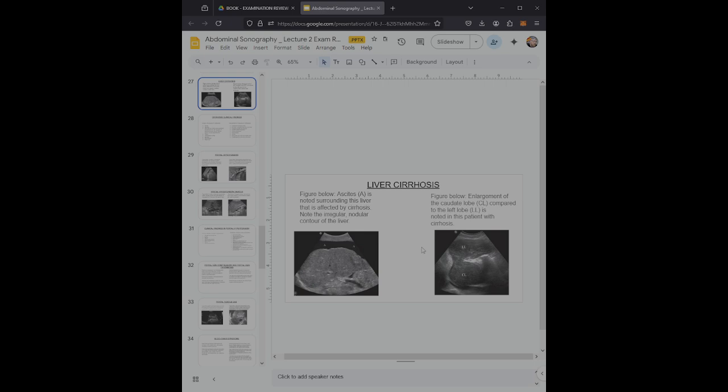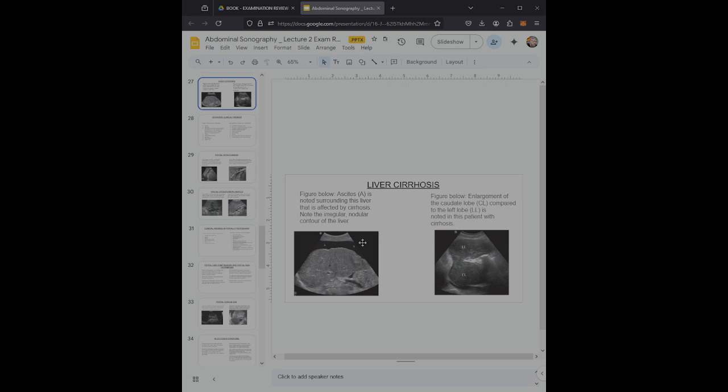The most common cause of liver cirrhosis is alcoholism. But cirrhosis can also be caused by Wilson's disease. In cases of biliary cirrhosis, hepatitis, cholangitis, and hemochromatosis.